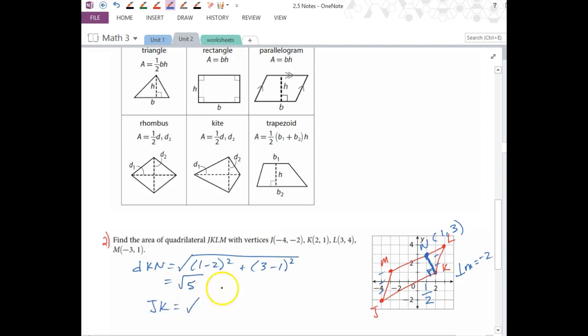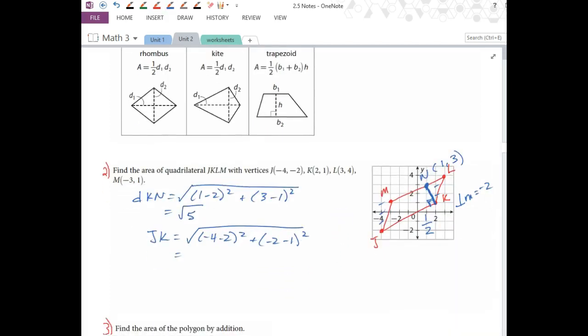So from J to K, we go -4 minus 2 squared, and -2 minus 1 squared. So do we get 36 plus 9? 36, right? Plus 9, so 36 plus 9.